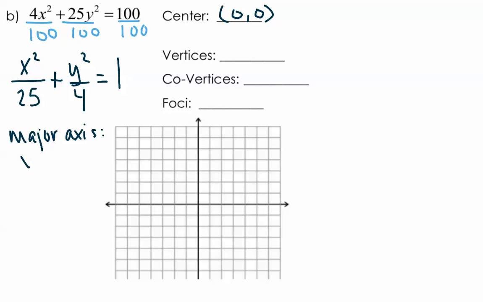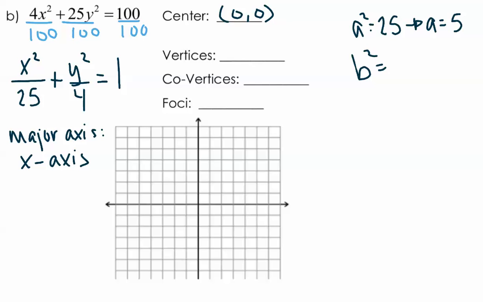So this is going to be x-axis, and then we can find our a, b, and c. So a squared equals 25, which means that a equals 5. B squared equals 4, which means that b equals 2. Remember that a is always larger. That's how I knew what a was.